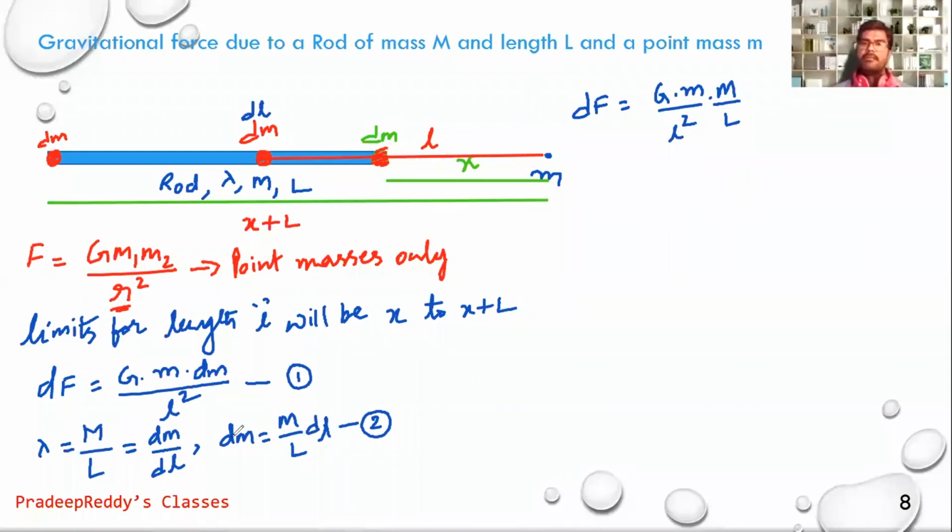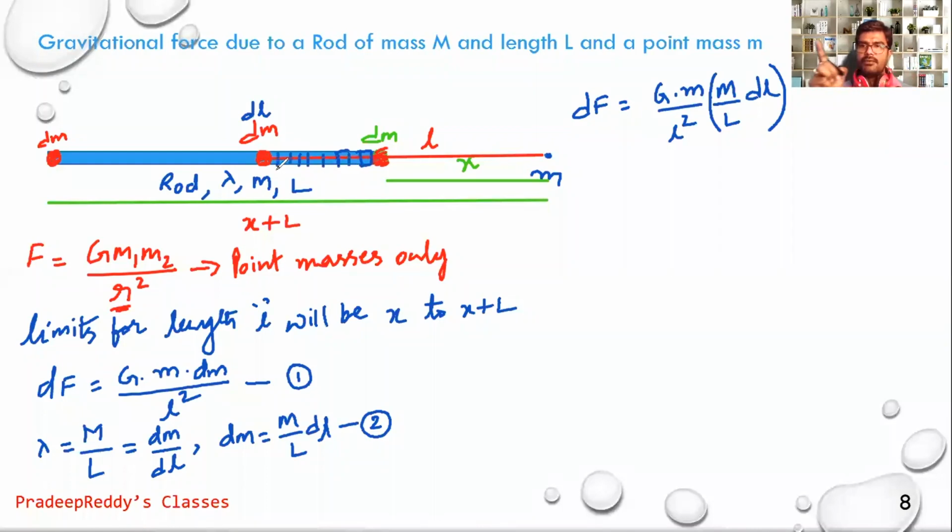Just I am writing dm, and that dm I have substituted in the first equation. Now for a small element, if the force is dF, for the whole rod I want to find the force. Therefore you will take one small element here, one small element here, one here, one here, like this.